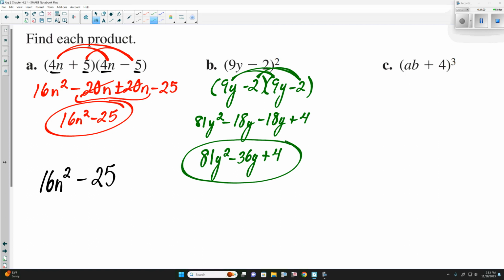Any questions on any of this here? Because even with the cube, we would just end up doing it 3 times instead of twice.